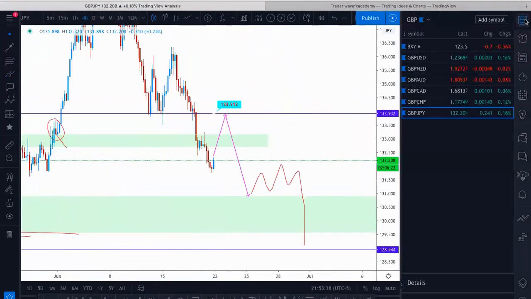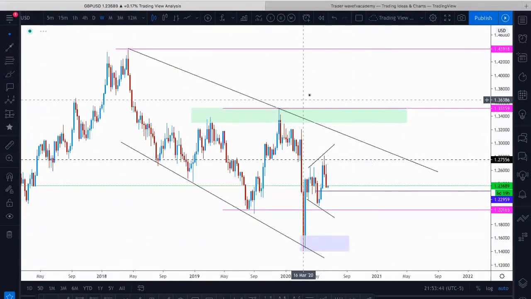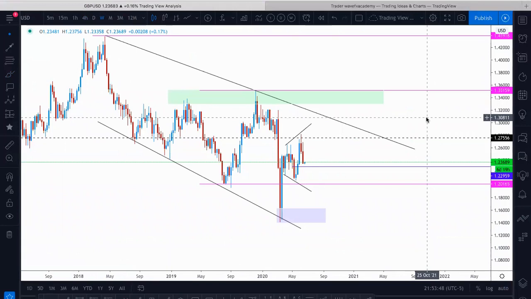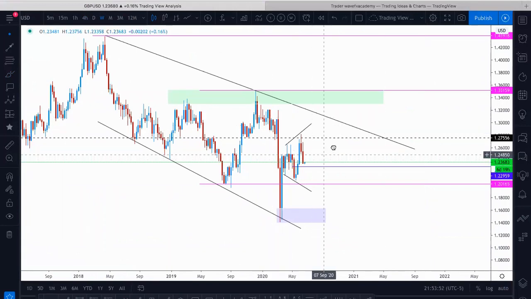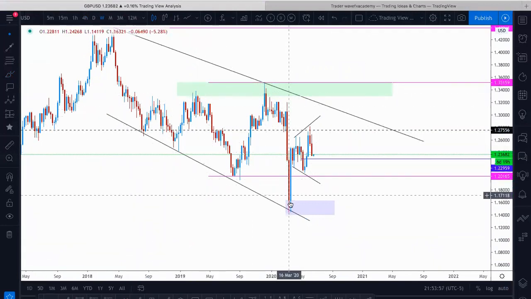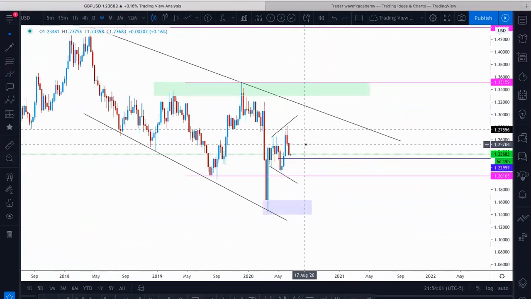Next on the list, we have pound USD. Again, if we take it back to the highs, we are seeing a similar structure to the pound yen. And again, we are seeing where the market has already created a 5-wave drive down, and we're getting this corrective structure coming in again.